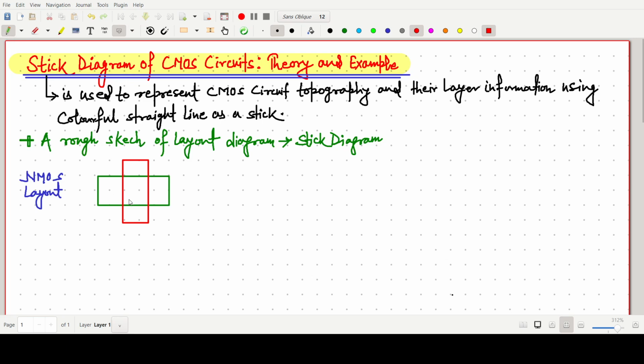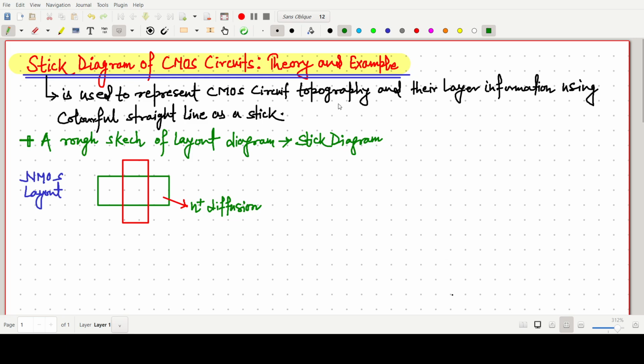So this one is a layout diagram for NMOS layout. Okay, so this green one is called our N plus diffusion.